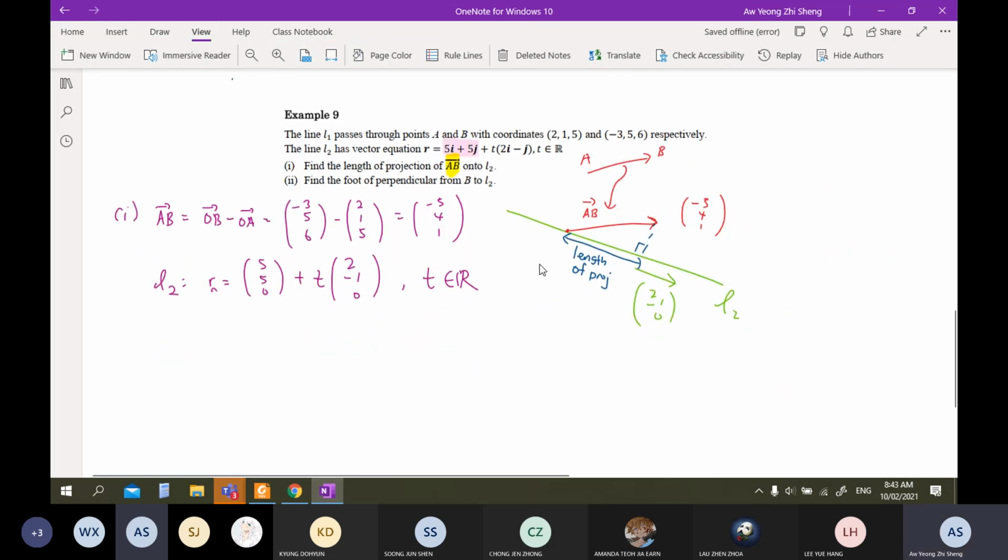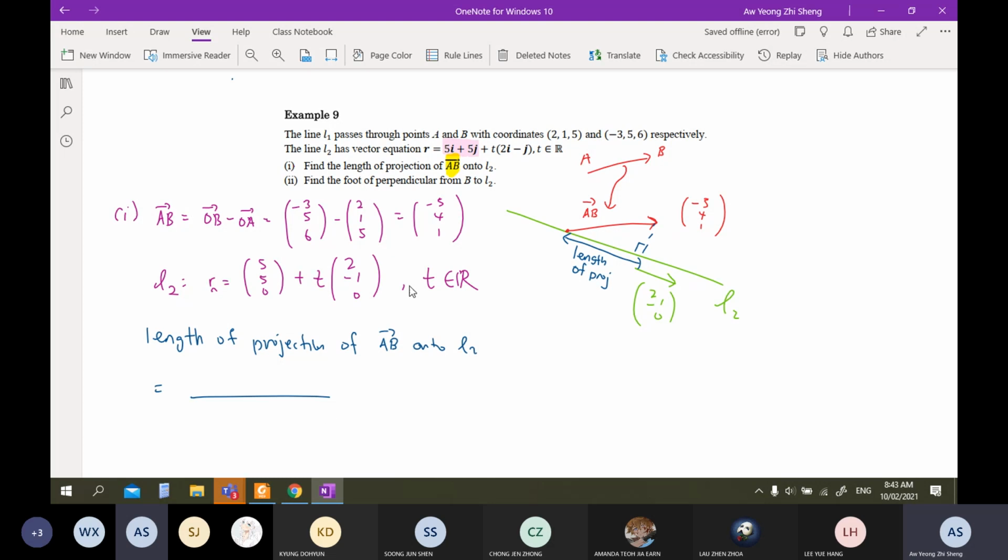Now, according to the formula for length of projection, let's write first the words length of projection of vector AB onto L2. The formula says A dot B over the modulus of B. What are the A and B in the formula? The A is the slanted vector whose shadow we want to find.